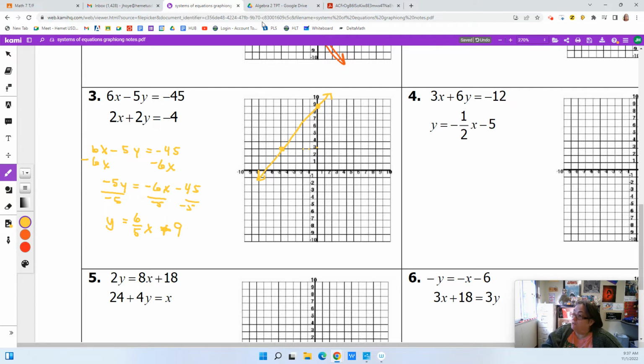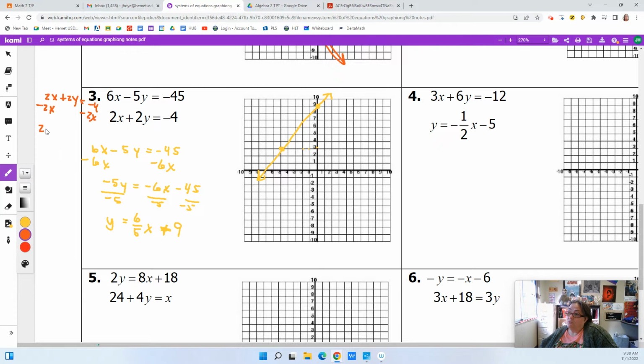If I notice 2x plus 2y equals negative 4, also not in slope-intercept form, but we can put it there. We can go, okay, well, we've got 2x plus 2y equals negative 4. We start by subtracting 2x from both sides.